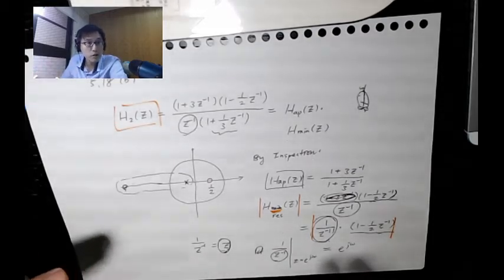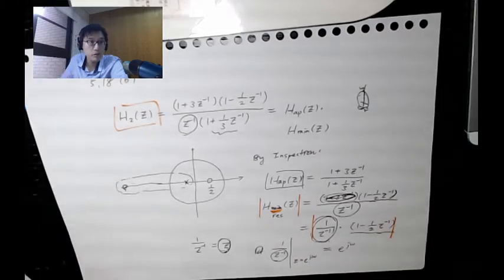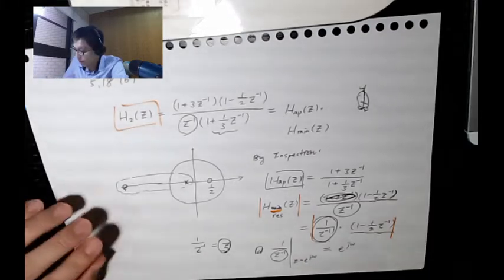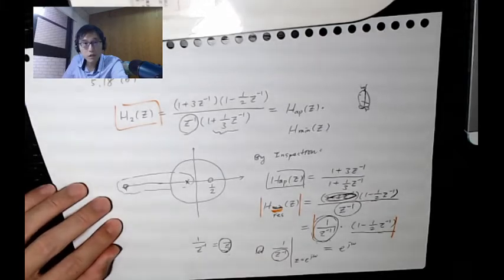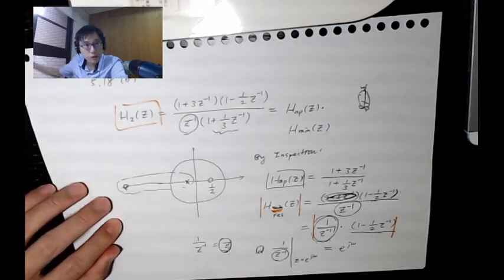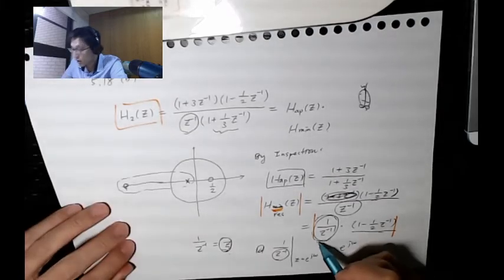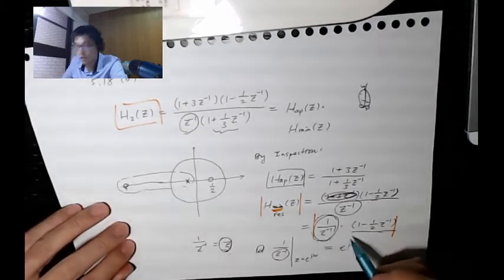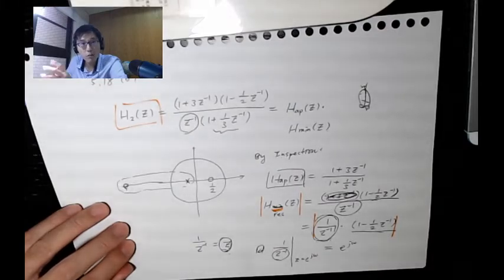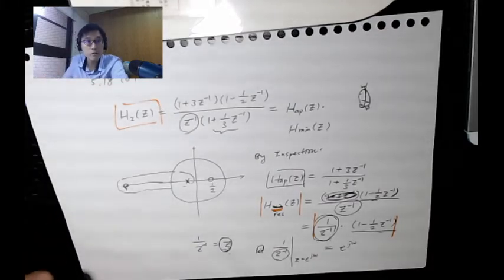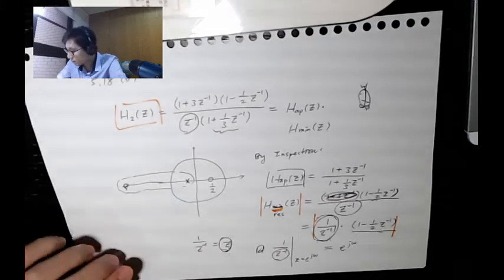So in that regard, this thing can be called a minimum phase filter. But if you think of this as a pole at infinity, then infinity is not inside the unit circle. Then by leaving it in here, this expression does not have all the poles and zeros inside the unit circle.